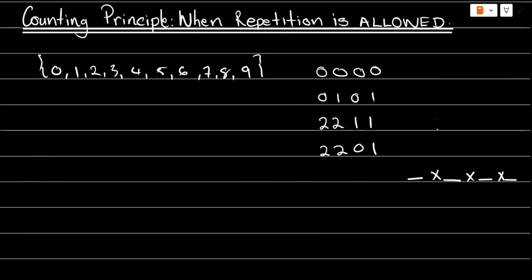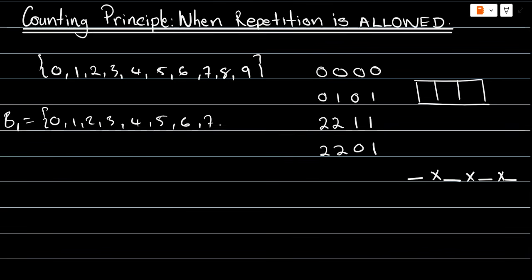Now, let's use the same idea in creating our 4-digit code. I'm going to draw boxes over here to put our chosen numbers for creating the code, and here we are going to write the number of choices that we have. So let's say we have bucket 1, which we call P1, and it has digits 0, 1, 2, 3, 4, 5, 6, 7, 8, and 9.